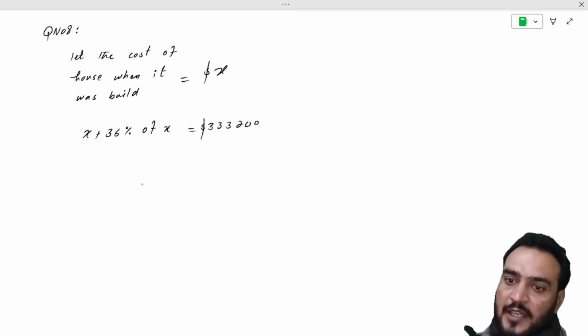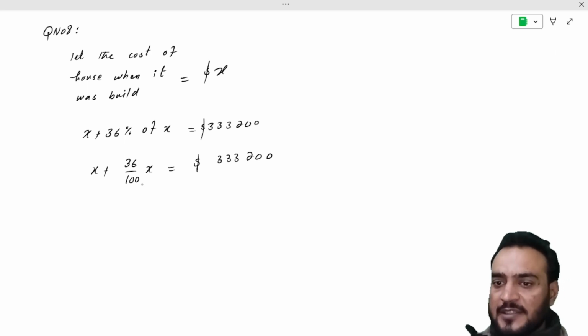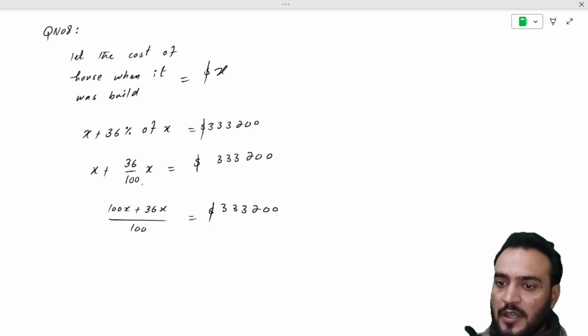Now first we solve this percentage. X plus 36% means x plus 36 over 100 times x is equal to 333,200. After taking LCM, we get 100x plus 36x divided by 100 equals 333,200. So this becomes 136 over 100 times x equals 333,200.